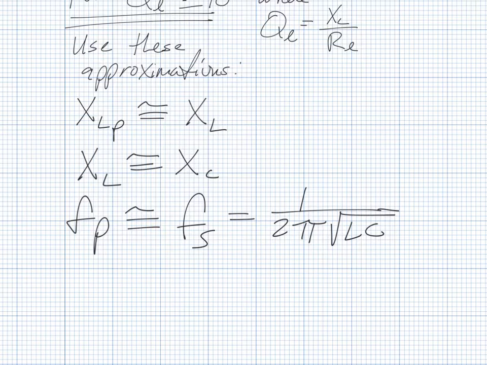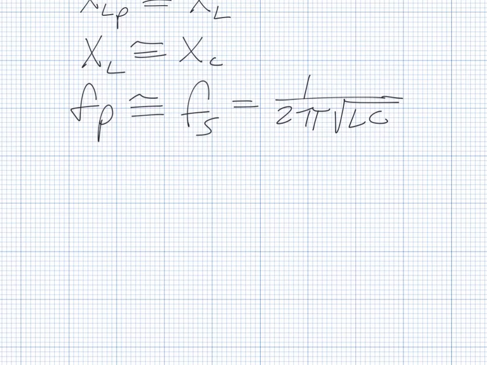That's simplifying from where we were. So you're going to look at a circuit, see what's given, and calculate your Q. If it's greater than 10, you're going to use these assumptions. I'm sorry that it's taken us so long to get to this point, but I didn't want to throw these assumptions out there without understanding why we're using them.